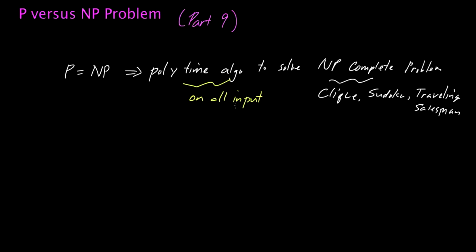Now, what I do also want to say, and this is a more subtle technical point, is that technically speaking, you don't actually have to come up with a polynomial time algorithm for solving an NP-complete problem to prove that P is equal to NP. You just have to show that one exists. In other words, your proof does not have to be constructive, and constructive proofs are proofs where you actually produce an algorithm.